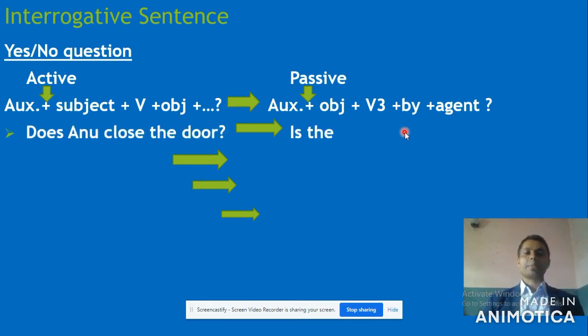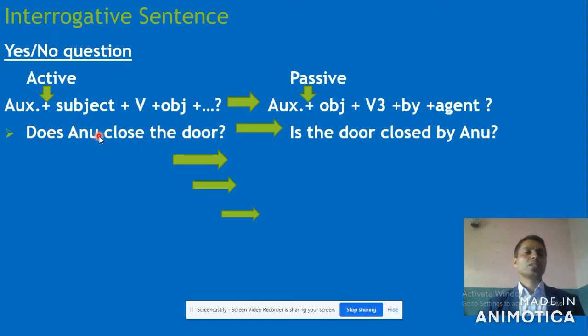Look at the very first example sentence. Now compare this structure and the example sentence given here. Does Anu close the door? This is an example of a yes no question.